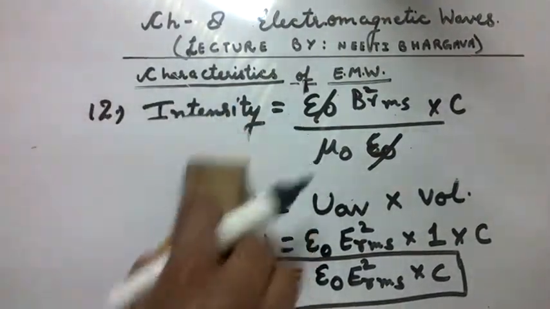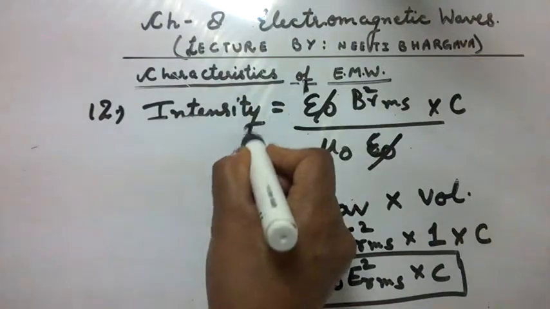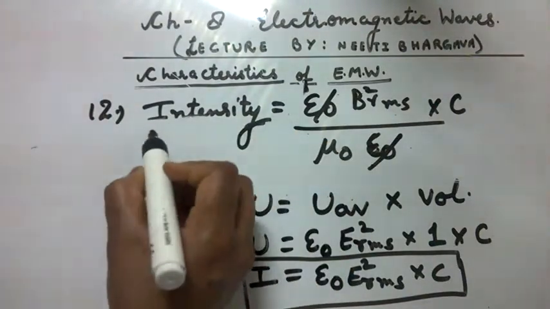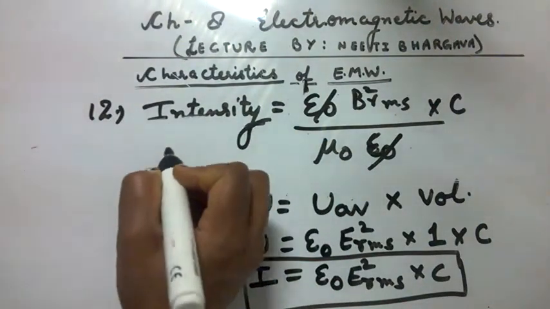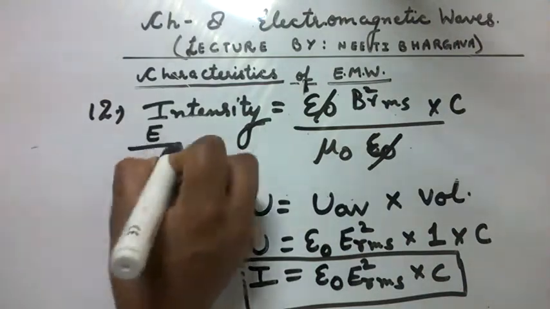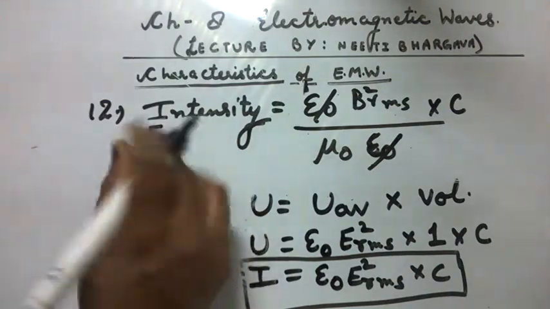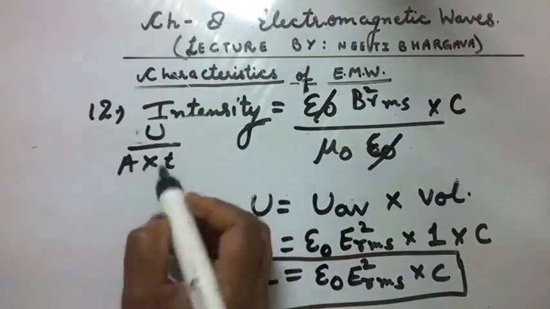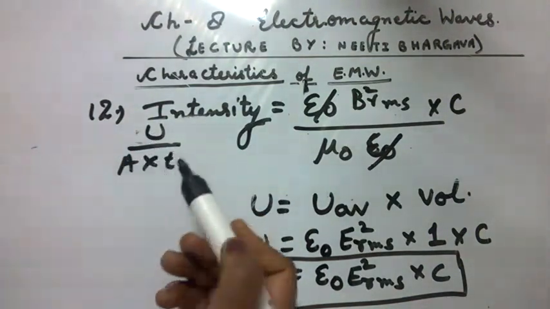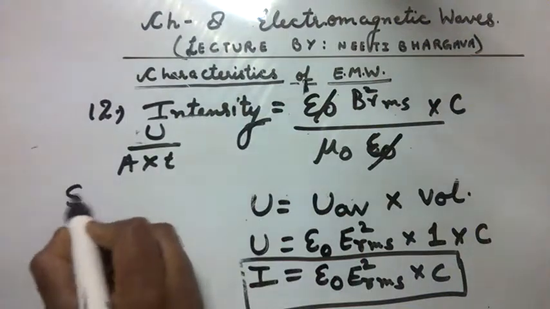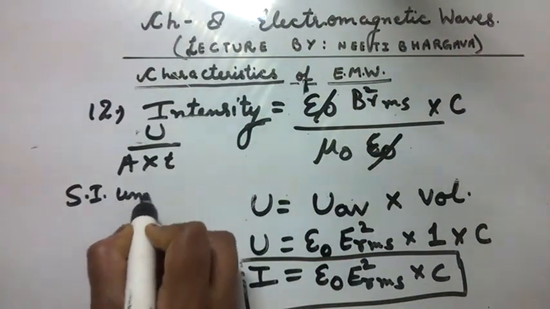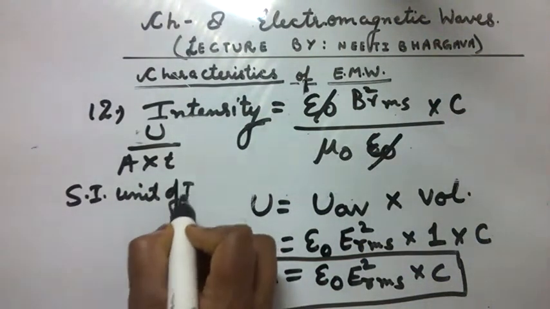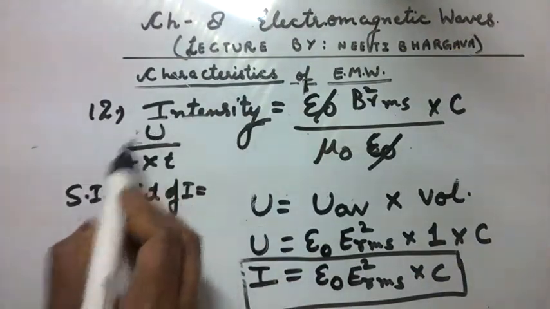Also, as we know, intensity is energy upon area into time. Energy is denoted by U. So here, as we know that energy upon time is power, so its SI unit is power upon area, that is watt per meter square.